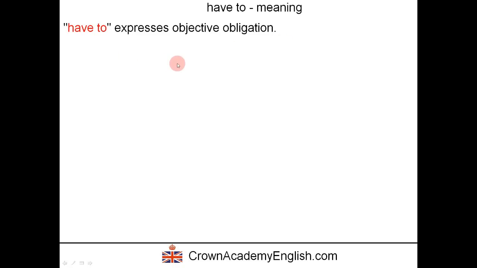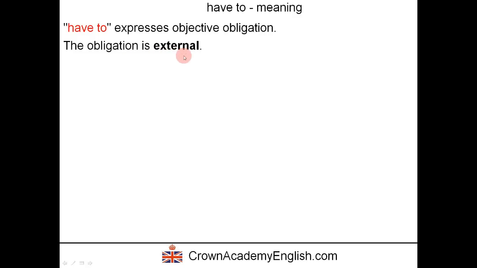As I mentioned at the beginning of this video, have to expresses objective obligation. So what does this mean? It means that the obligation is external. The obligation comes from someone else, not you. The obligation is not internal.